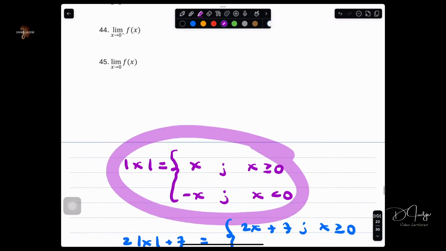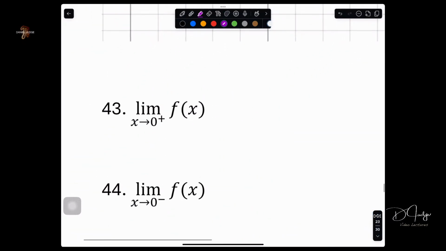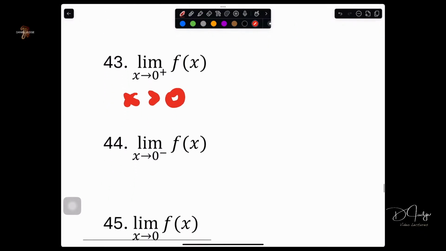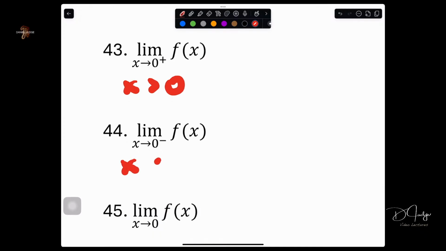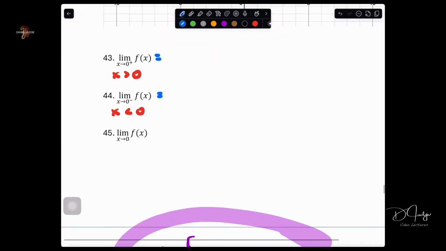All right. So when they say, what's the limit as x goes to 0 from the right, we're talking about x values that are bigger than 0. When x goes to 0 from the left, we're talking x values that are smaller than 0. So what that might mean for us is let's use the appropriate piece.